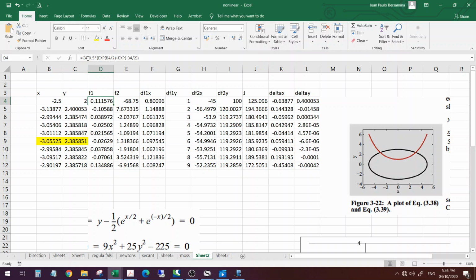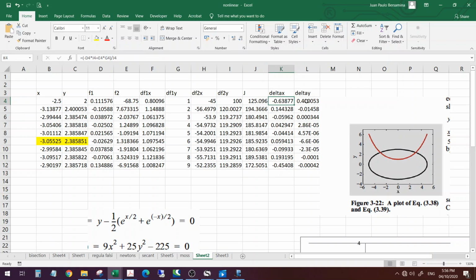Substitute our initial x and y into f1 and f2 and get the partial derivatives of f1 with respect to x and y, and of f2 with respect to x and y. Then find the Jacobian, apply the formula we derived, and we get delta x and delta y.